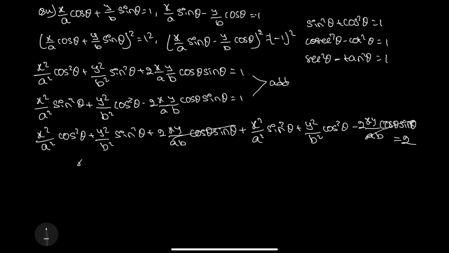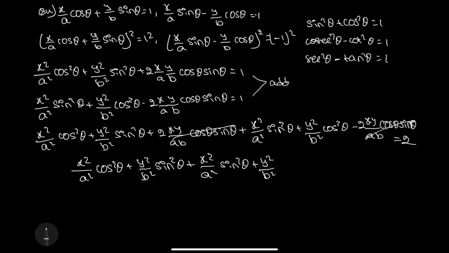And the remaining values are x square by a square cos square theta plus y square by b square sin square theta plus x square by a square sin square theta plus y square by b square cos square theta is equals to 2. And from these two terms we can take out x square by a square as common.